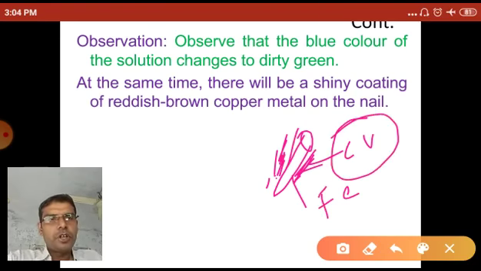And due to the deposition of the copper, the color of the iron nail becomes reddish brown.